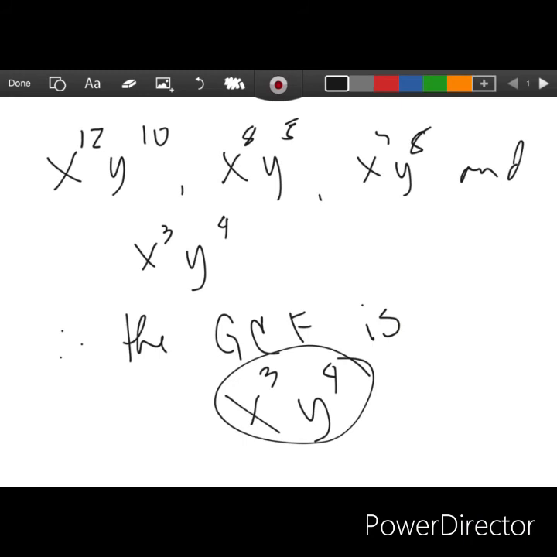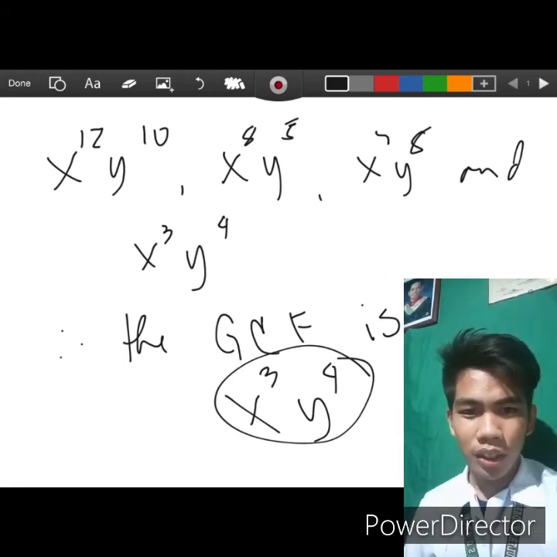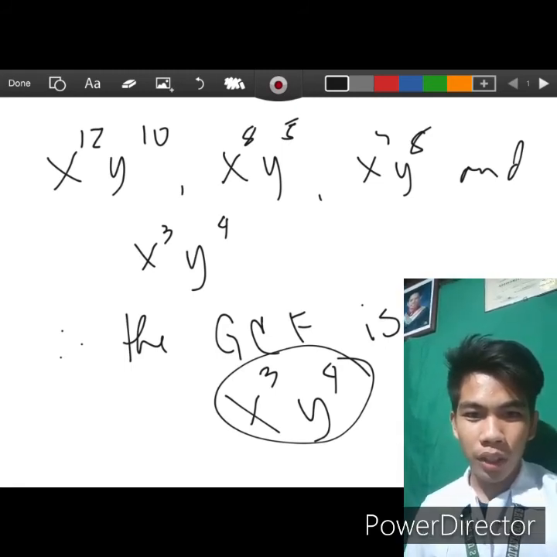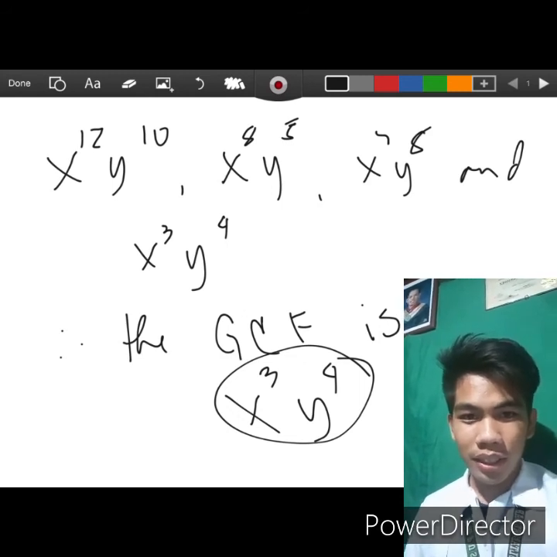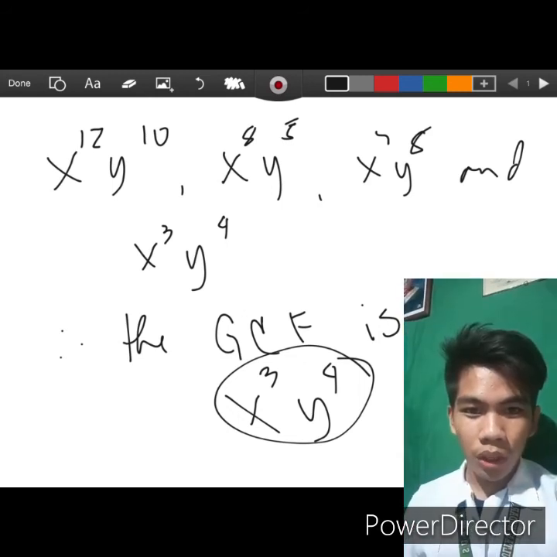May I call on Mr. Evio? Based on Miss Katapan's answer, the GCF is x cubed and y to the 4th. Do you agree with that, and why? This common factor is x cubed y to the 4th because x cubed y to the 4th can be seen in every term.